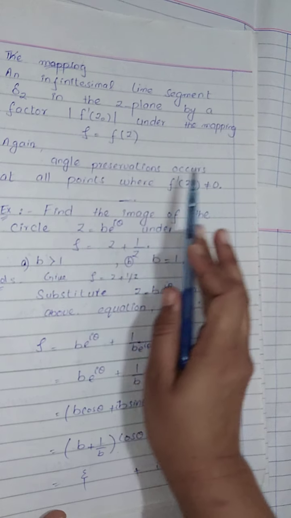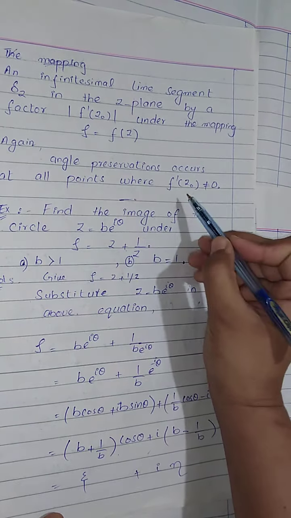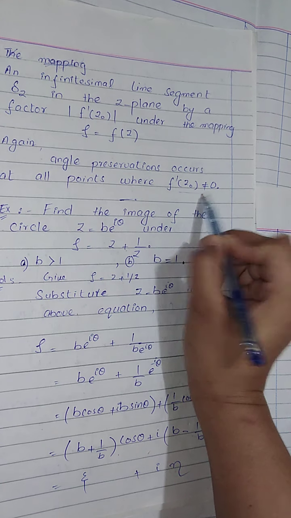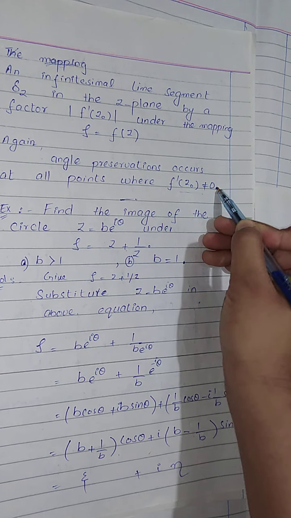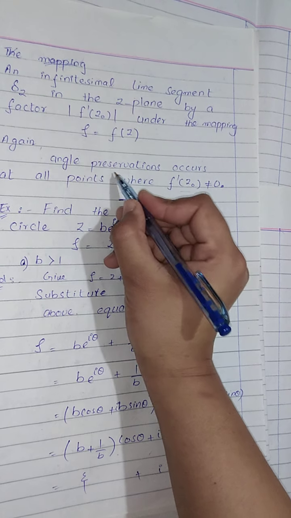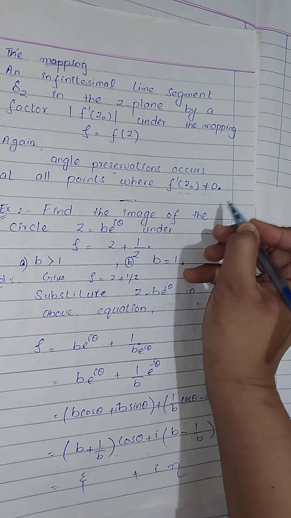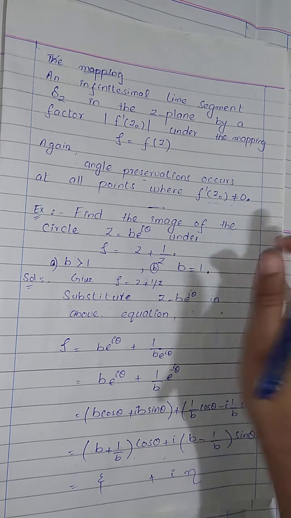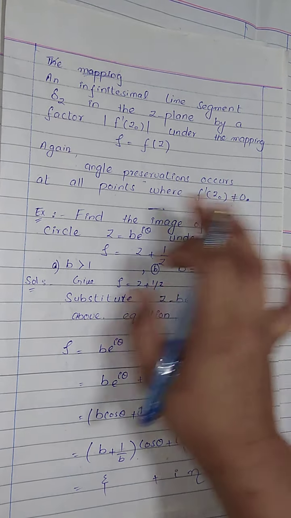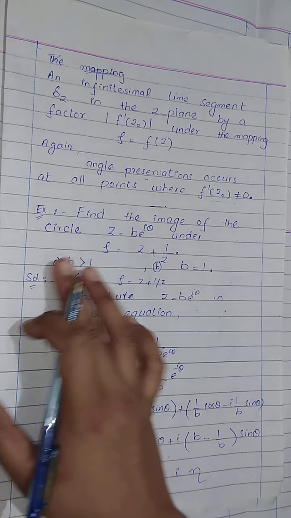Again, angle preservation occurs at all points where f derivative of z naught is not equal to 0. So it is the condition for angle preservation.